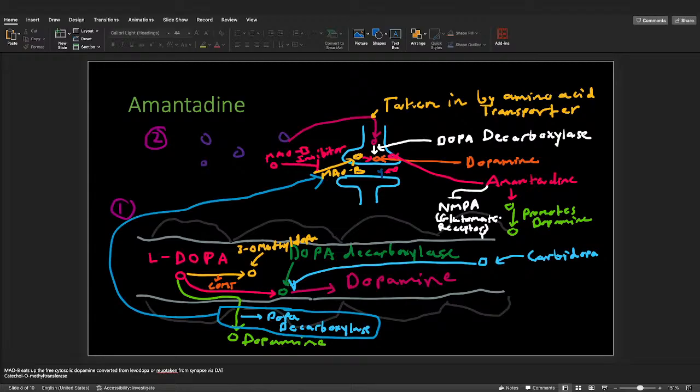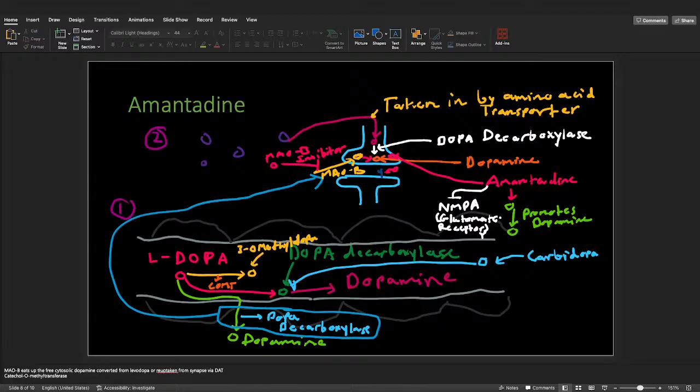And the other thing amantadine is going to do is block the excitatory glutamate receptors, or the NMDA receptors, which is really something we would want, to decrease that overexcitement and level it with the inhibitory mechanism, or the dopamine mechanism here.